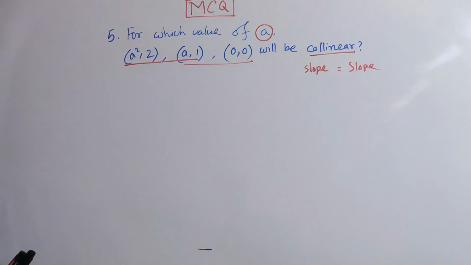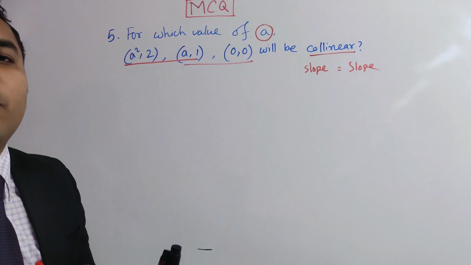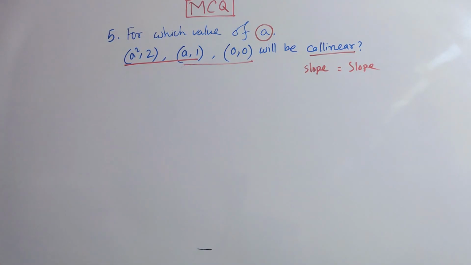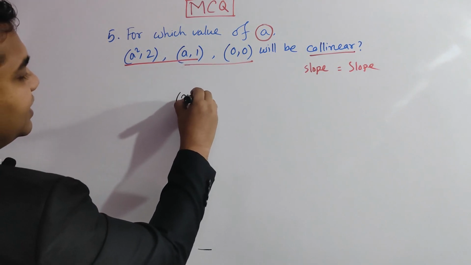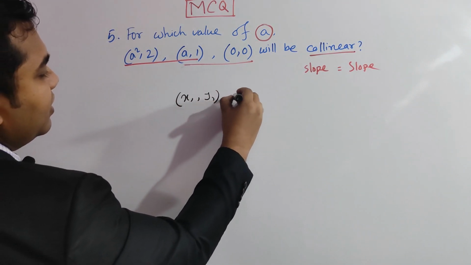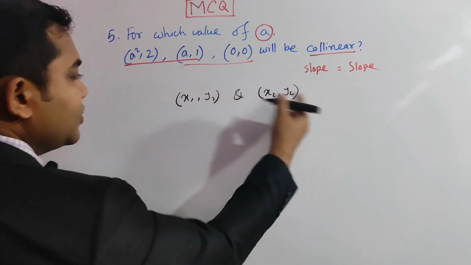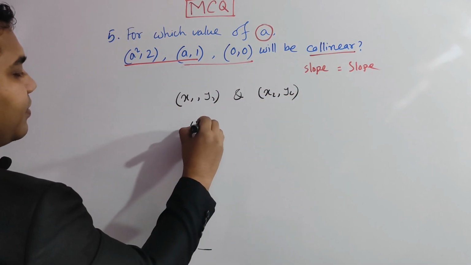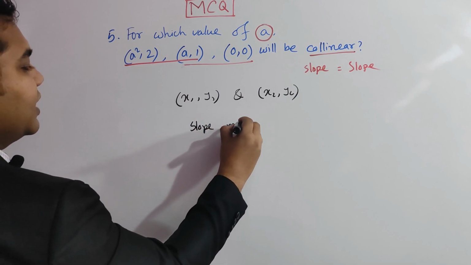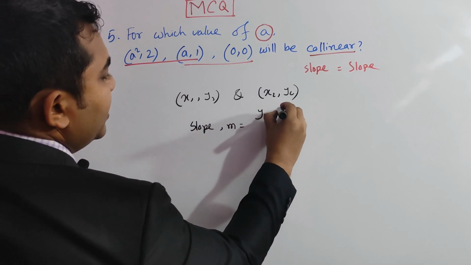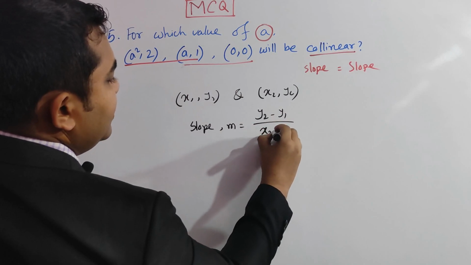Okay, how can we find the slope of 2 points? It is again a basic thing that we need to know. If one point is (x1, y1) and another point is (x2, y2), then the slope, also known as m, is y2 minus y1 divided by x2 minus x1.